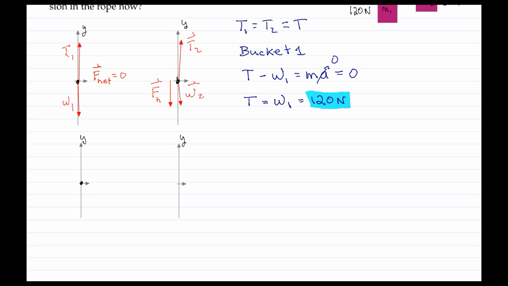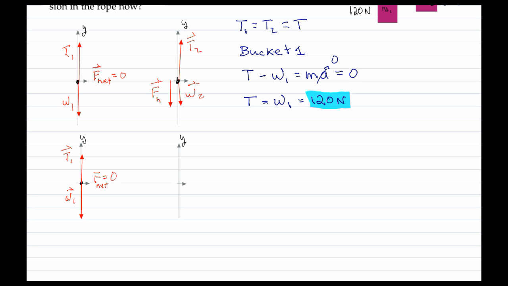So now M1 is on the ground, so we know that there's still a weight acting on our object, and there's a normal force. And in this case, we have a net force, which is again equal to 0 because we're in static equilibrium. So let's draw this as tension 1, weight 1, just like that.